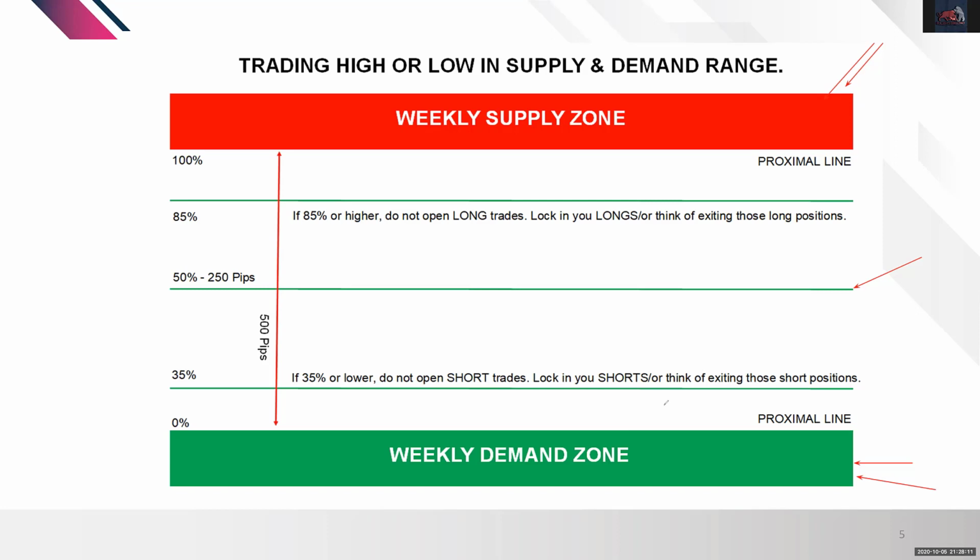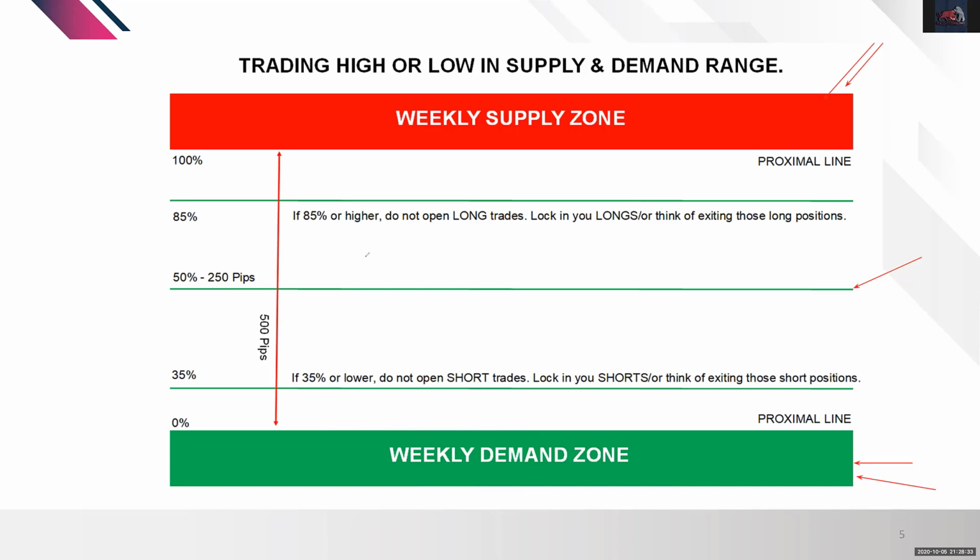There's no need for you to be looking to short the market here in anticipation of a breakout, because you don't know whether that breakout is going to happen, you see. But the odds of price bouncing on this weekly demand will be very high.